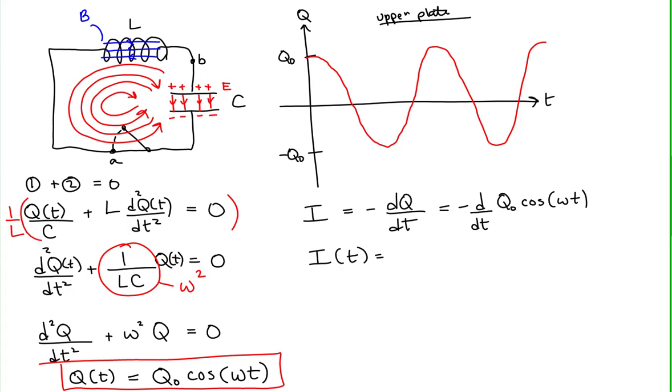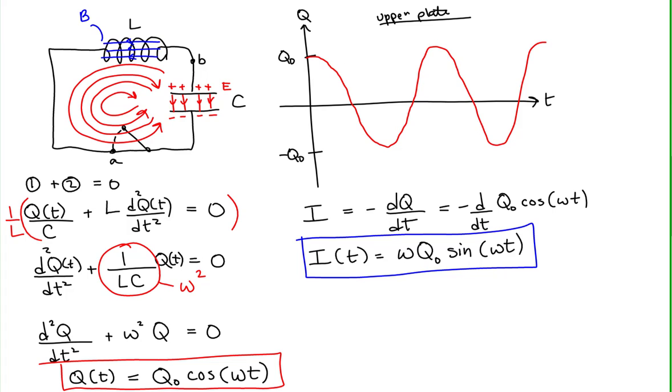And that variation is equal to the product of the angular frequency and the initial charge on the capacitor plates, times sine of the product of the angular frequency and time. Here is our expression for the time rate of change of charge on the capacitor's plates. And notice something. This coefficient in front of the sine term just corresponds to the maximum value of current, which I'll label as Imax.